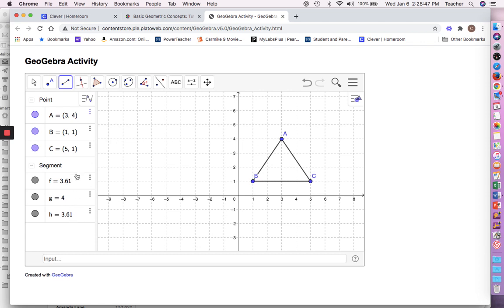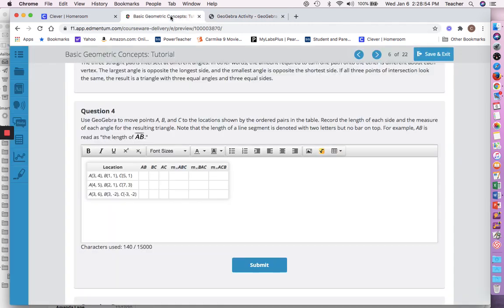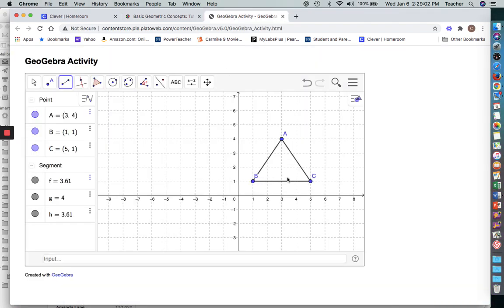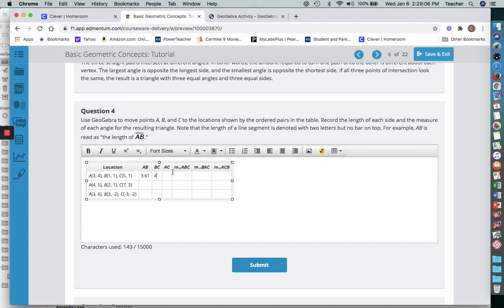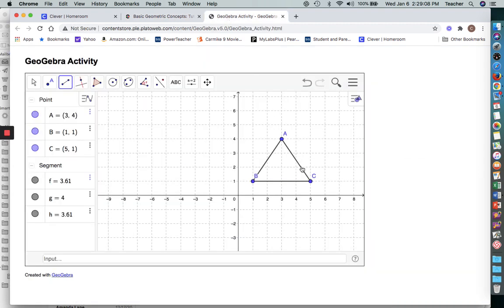That makes this an isosceles triangle. So AB was the first one I did, and that's going to be 3.61. BC was the second one I did, so BC was the 4. AC was the third one I did, so the third one over here, 3.61.